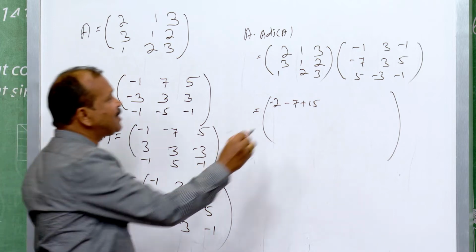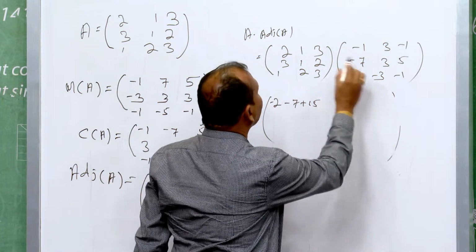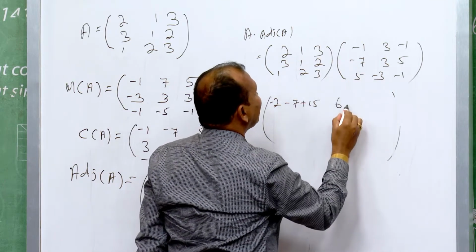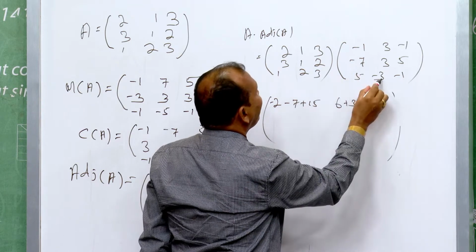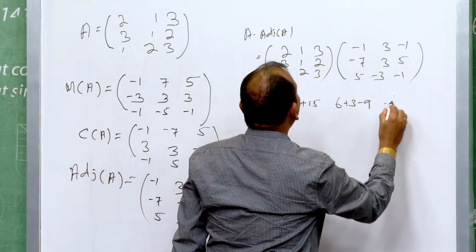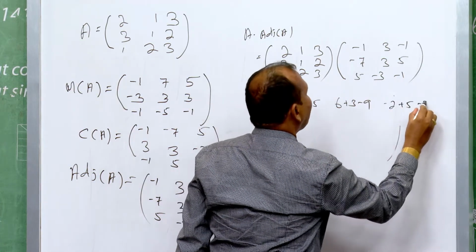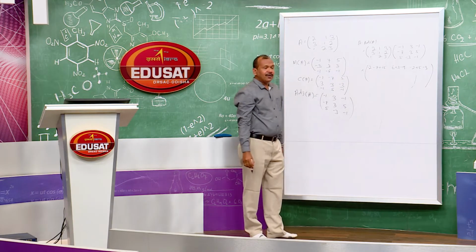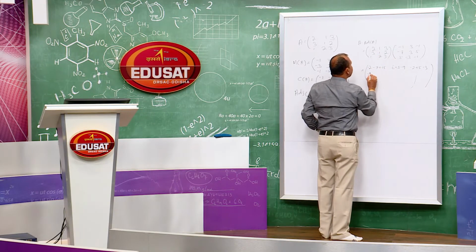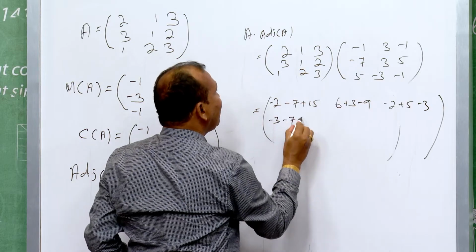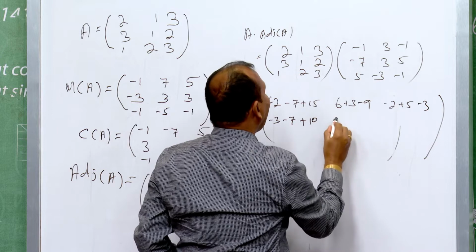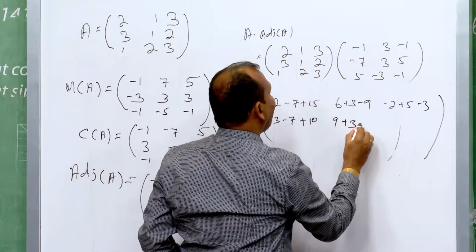Second element, the first row of the second column, is equal to 6 plus 3 minus 9. Third row becomes minus 2 plus 5 minus 3. The second row becomes minus 3 minus 7 plus 10. That becomes 9 plus 3 minus 6.